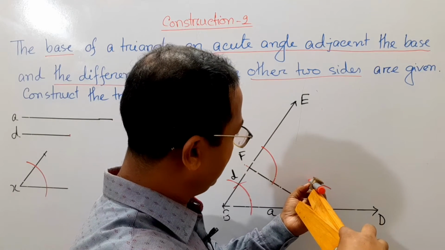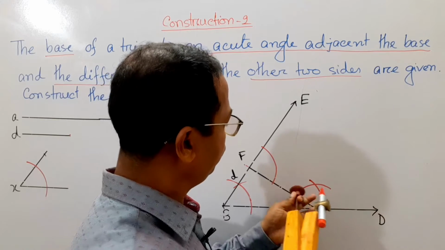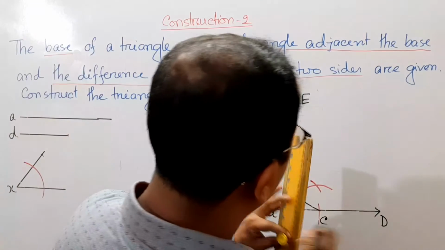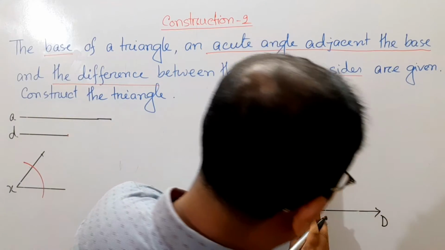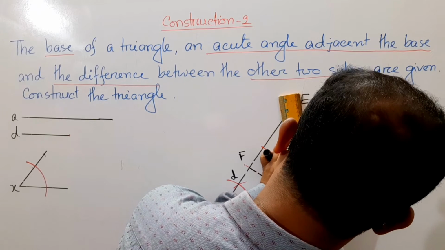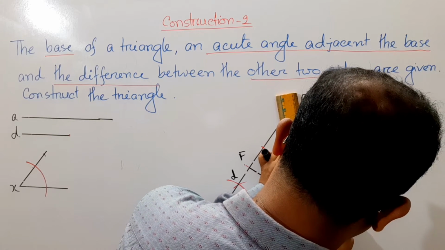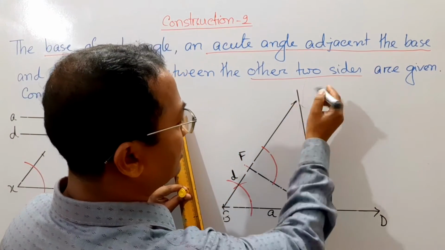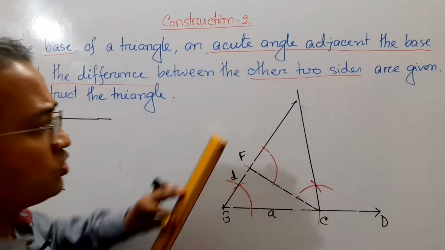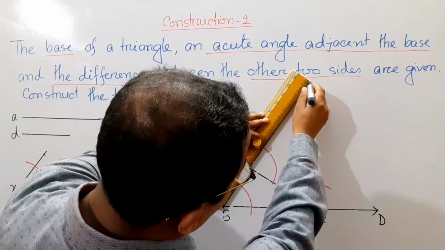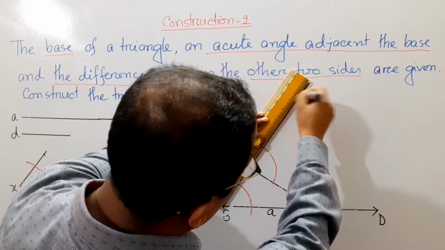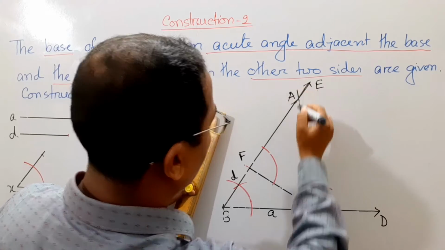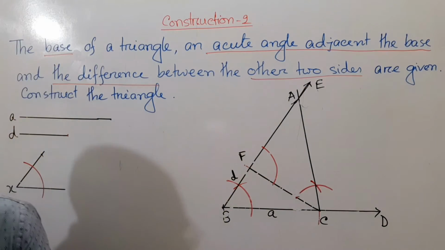Draw an arc over there. Now join it. Look, it didn't cut. So expand it and it may cut the line BE, and this is A. So ABC is our required triangle.